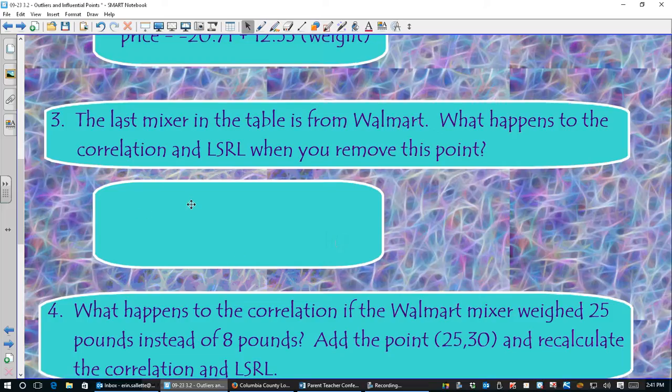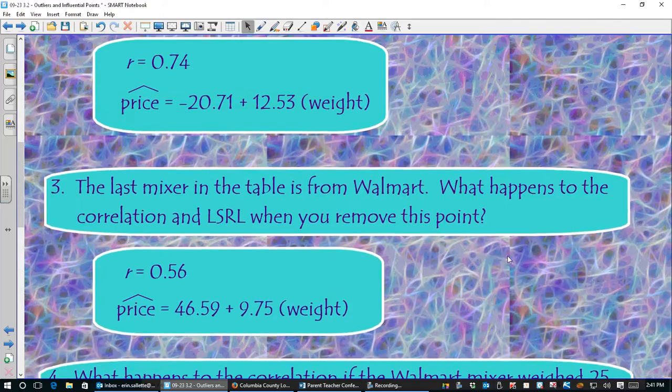We can recalculate our regression line and our correlation. Our correlation changed significantly, and so did our line. So it looks like our level of correlation went down, and we have a different line.